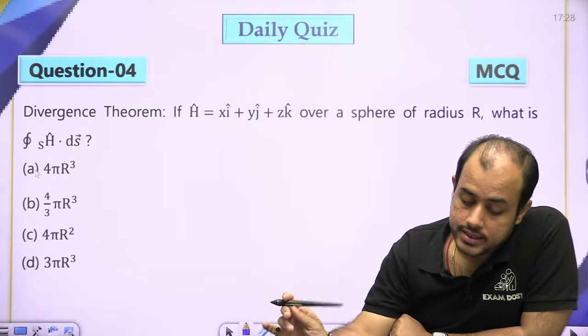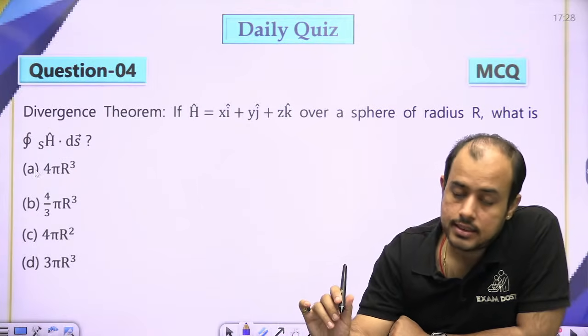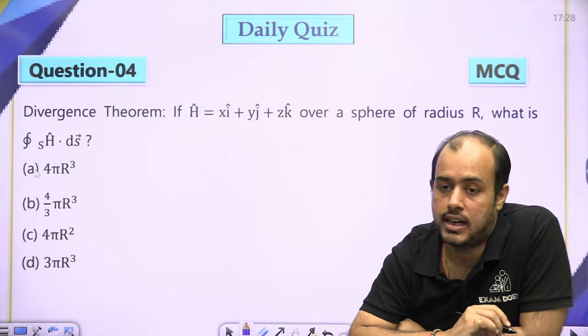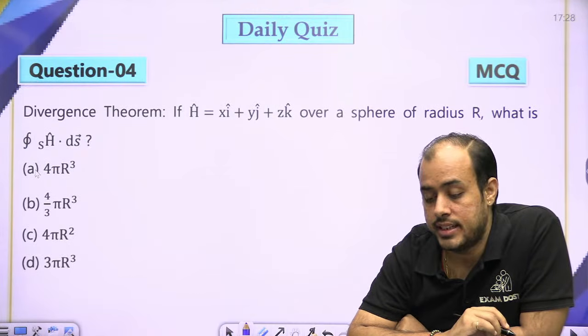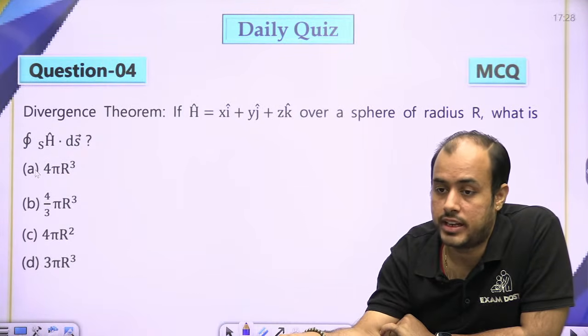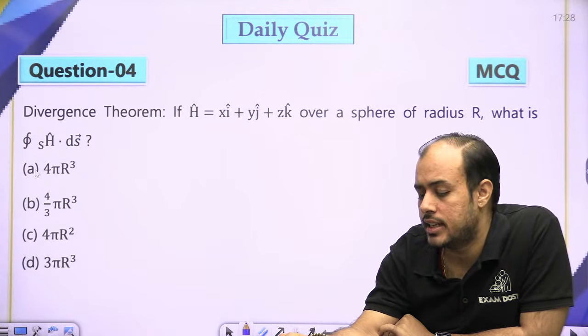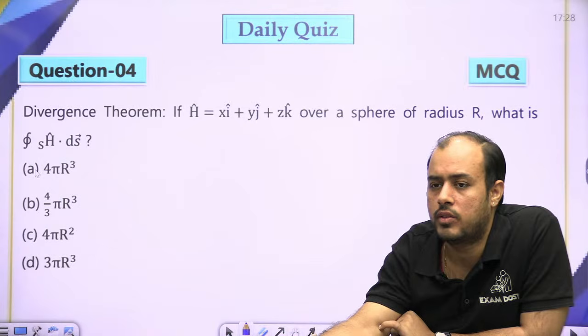Using the divergence theorem, you have to tell the surface integration of this over a sphere of radius r. आपको इसका सरफेस इंटीग्रेशन बताना है ओवर अ स्फीयर ऑफ रेडियस r. ओरिएंटेशन मेंशन नहीं होगा तो वी विल एज्यूम इट टू बी एंटी क्लॉकवाइज बेटा.